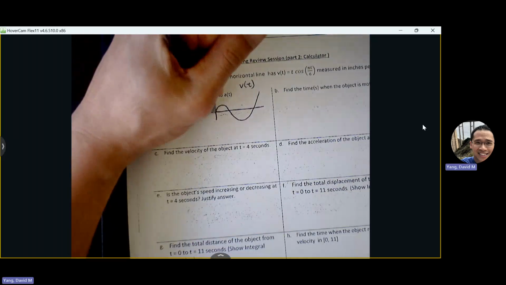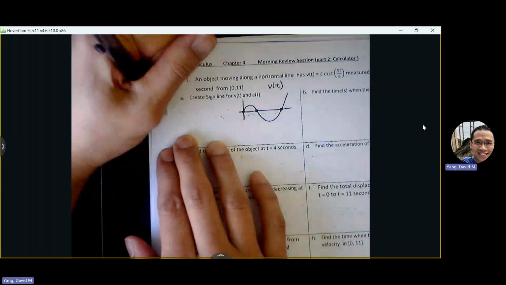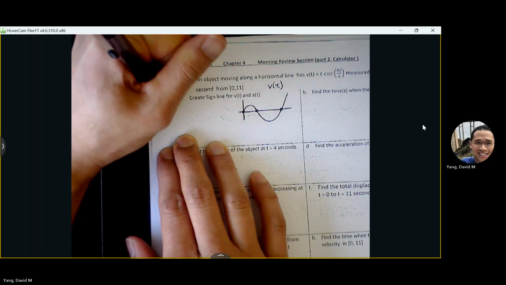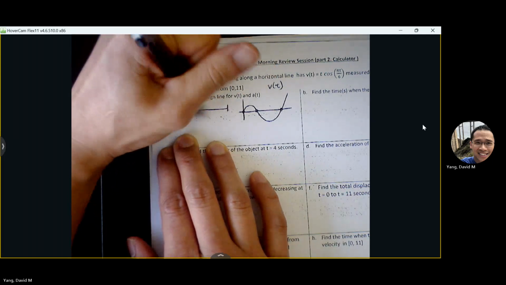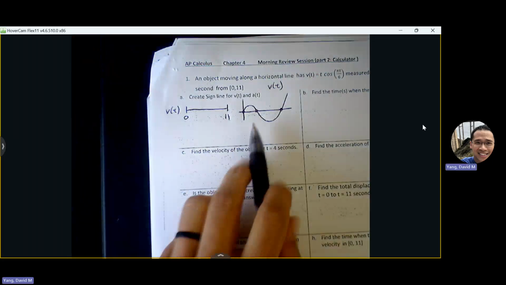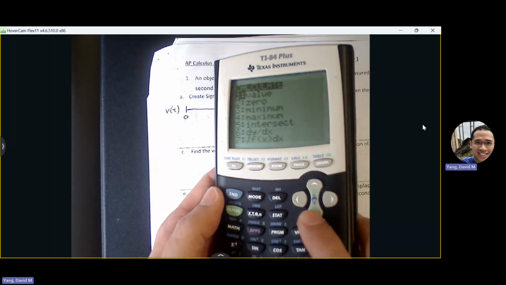So we know that we're looking for x-intercepts as our critical points. That's where velocity is 0. And if I want to find these critical points, we can use a certain feature here. You do second trace 0.